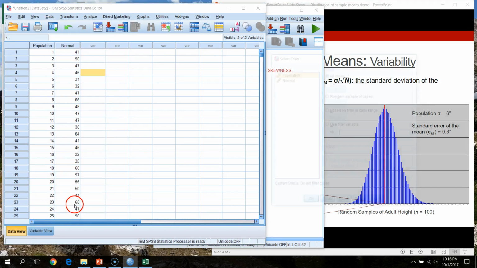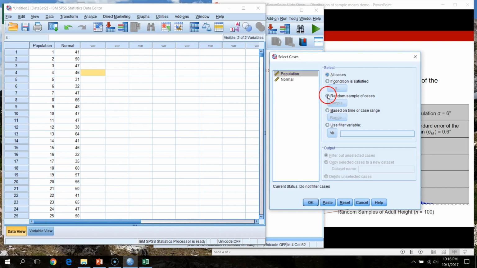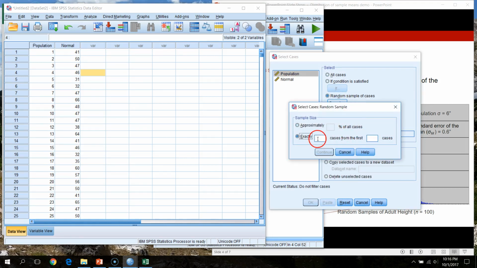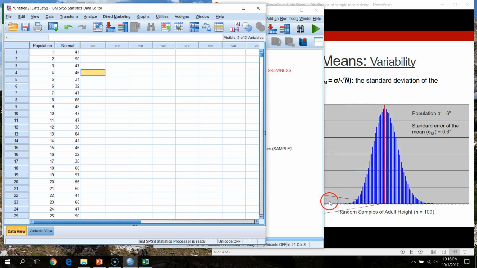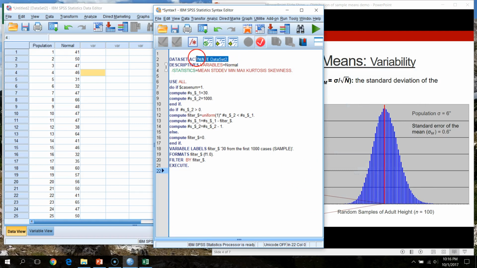So I'm going to go down here to select cases and tell SPSS to select a random sample, exactly 30 cases from the 1,000 cases I have in my population. This is going to randomly select a sample of 30 cases. I'll hit continue, then hit paste, and paste this into my data set.